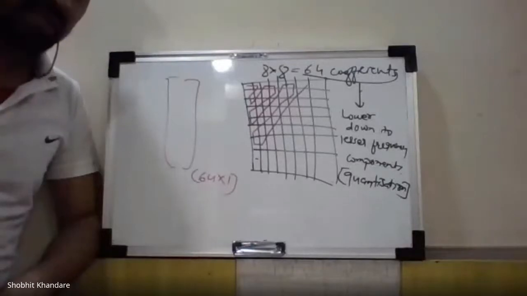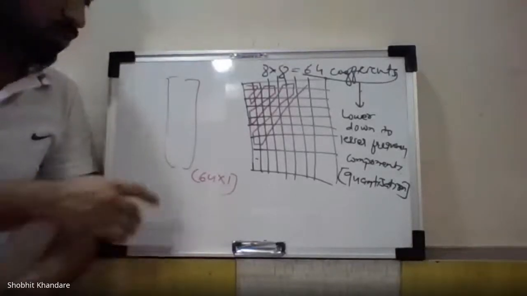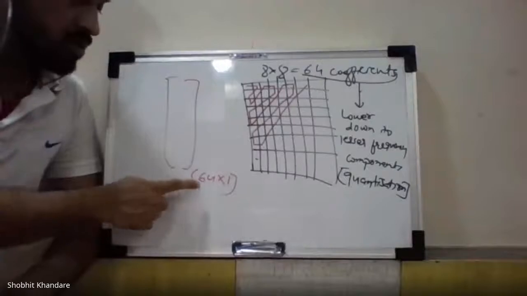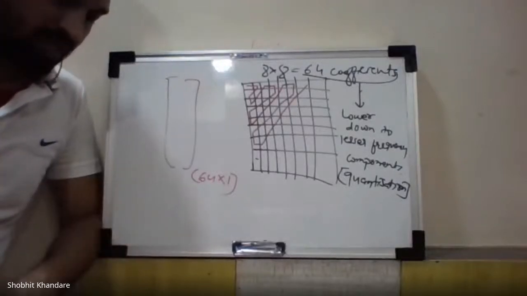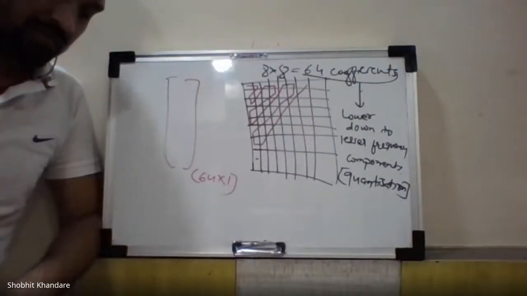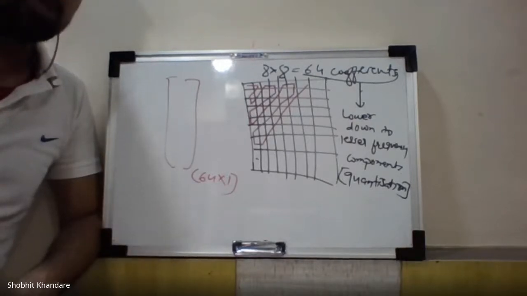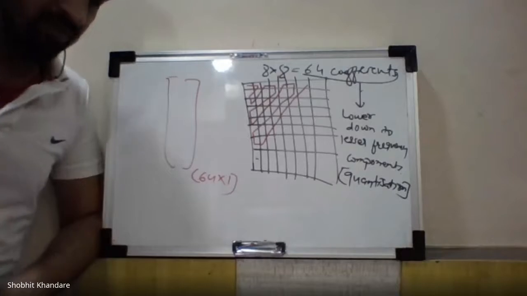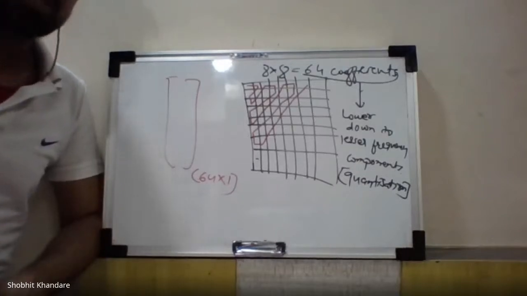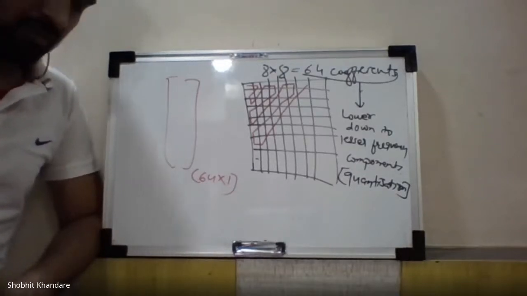In brackets, if you want, write 64 by 1, in a zigzag manner, before the entropy encoder is applied.